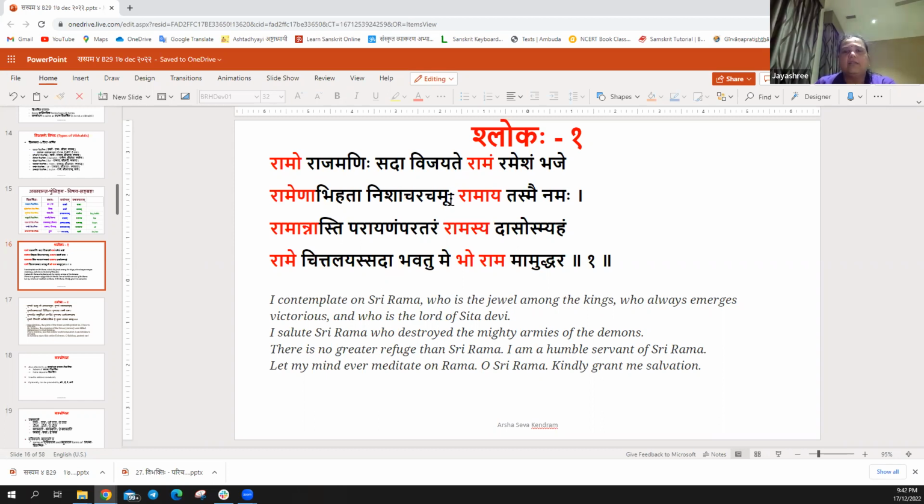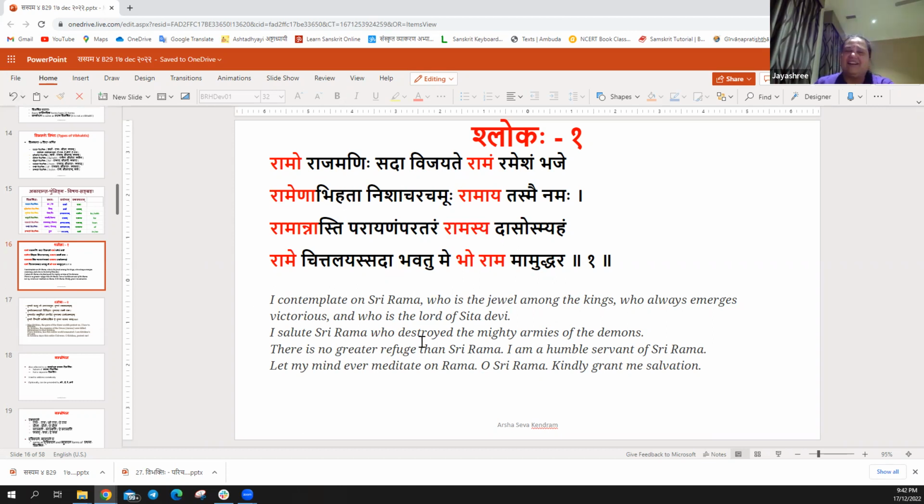Nishachara Chamuhu. Nishachara means the one who wanders at night, and who wanders at night are Rakshasas. Not nowadays, but at that time. Chamuhu is army.